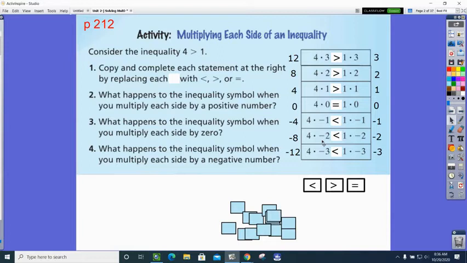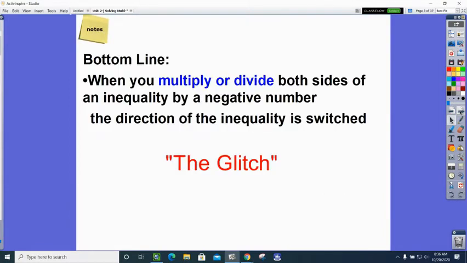If we multiply, or by the way, divide, either side of the inequality by a negative number, we're going to have to switch the inequality sign. I call it the glitch. So when you multiply or divide both sides of the inequality by a negative number, it's like a speed bump. You have to stop yourself and remember that the direction of the inequality is going to be switched. So as we go forward, solving our inequalities, we've just got to catch ourselves when this happens.